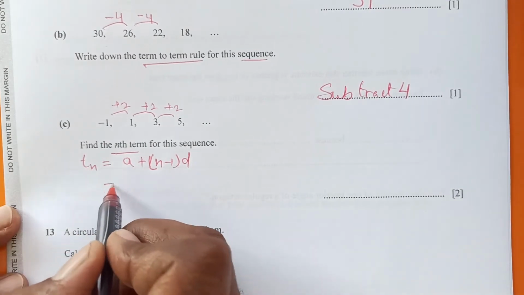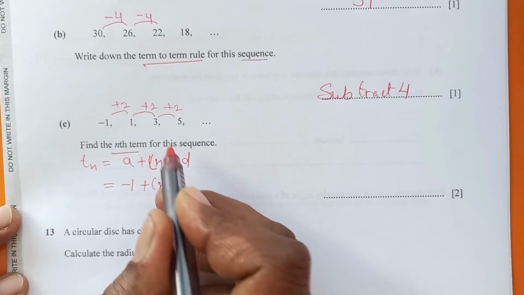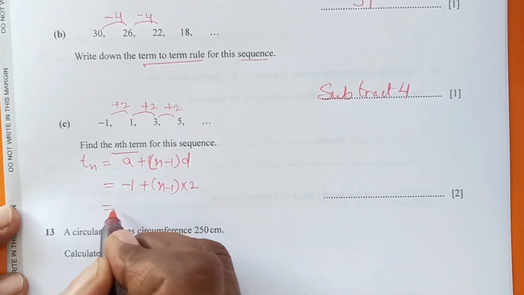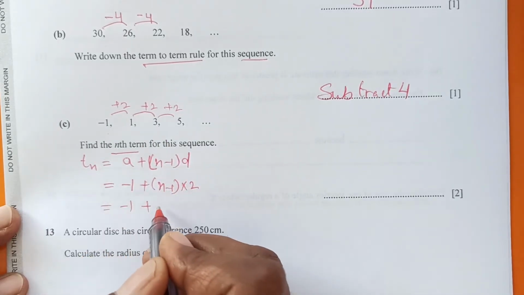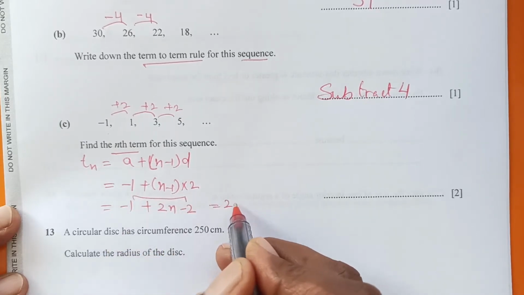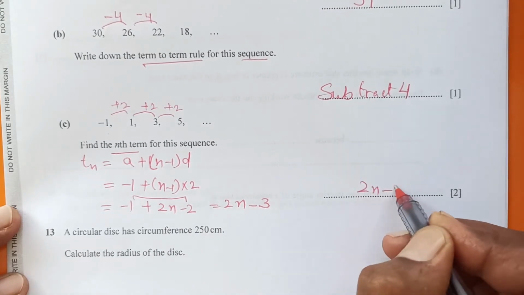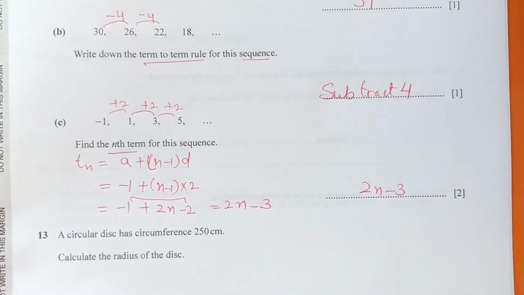So A is negative 1, plus n minus 1 into 2. So minus 1 plus, opening the bracket, 2n minus 2. Combining these, we get 2n minus 3. So that is the final answer, 2n minus 3, right?